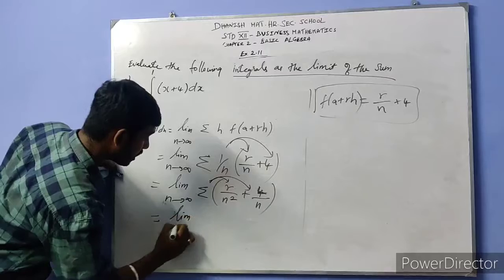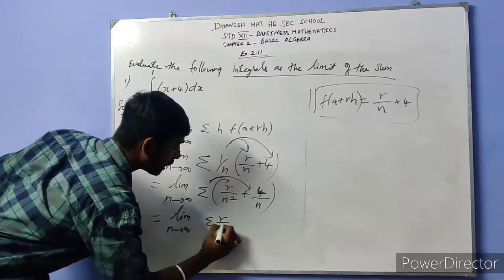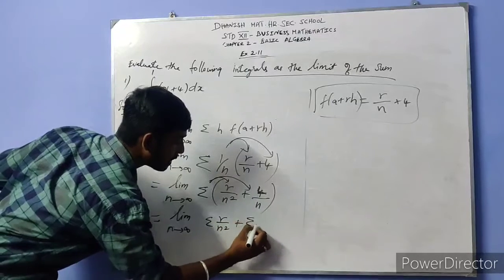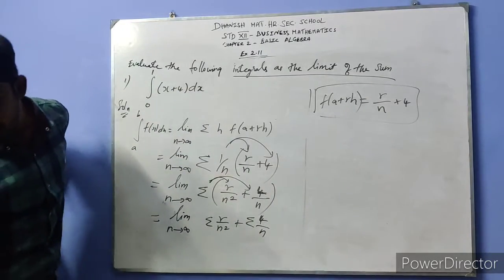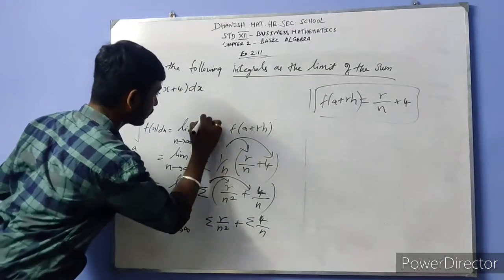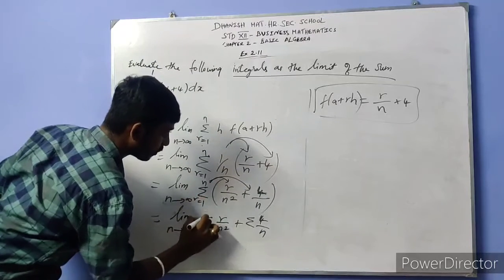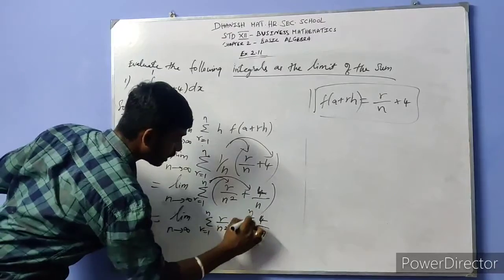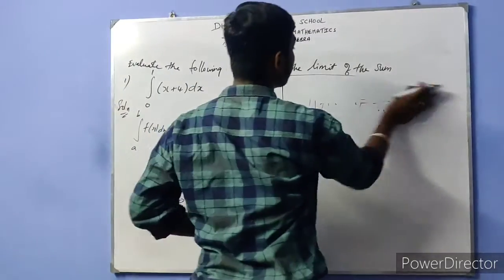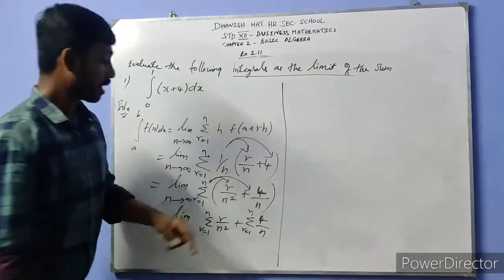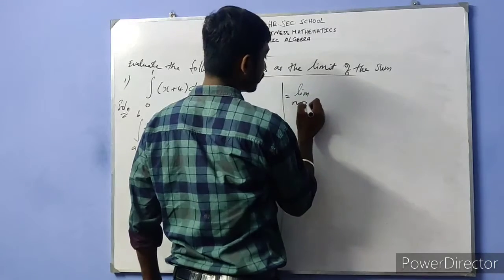So let's limit n tends to infinity. What is our summation? Summation r divided by n square plus summation 4 divided by n. This is from r equal to 1 to n.